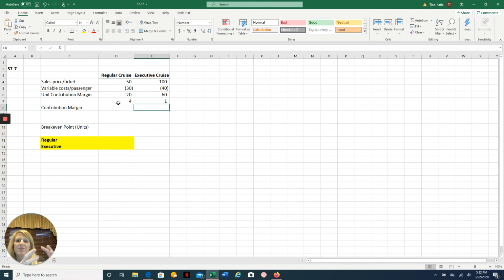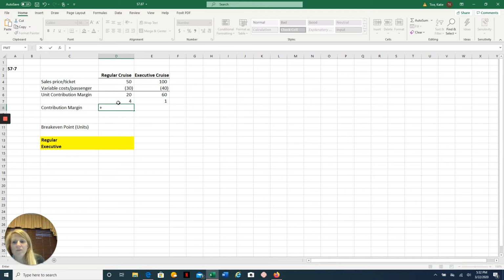So you kind of want to think about those 5 cruises as their basket of goods. So for every 5 cruises, 4 are regular and 1 is an executive cruise. So we actually need to figure out the contribution margin for that entire basket. So for the regular cruises, that would be the 20 times the 4 cruises.